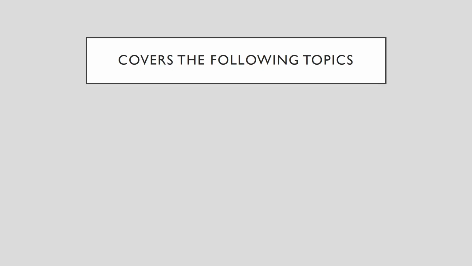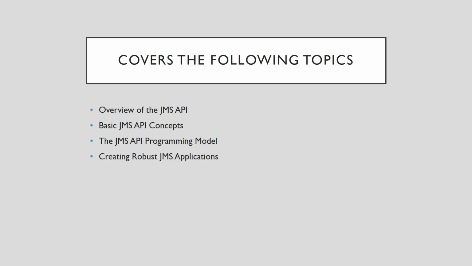This topic covers the following subtopics: overview of the JMS API, basic JMS API concepts, the JMS API programming model, creating robust JMS applications using the API in Java EE applications, and further information about JMS.